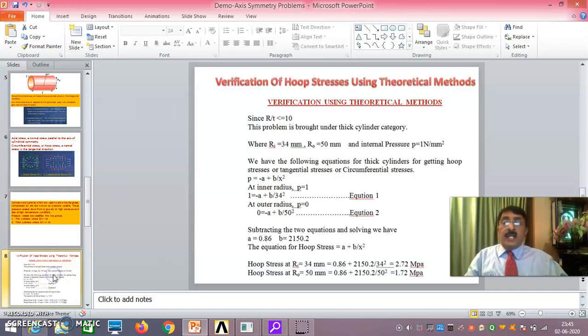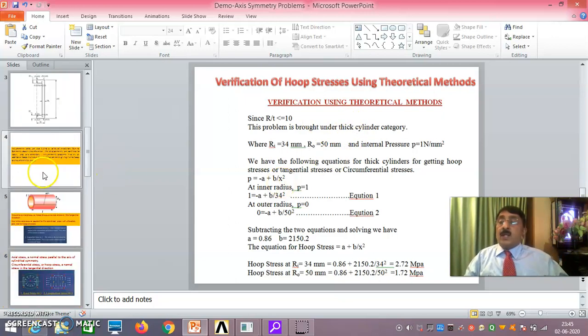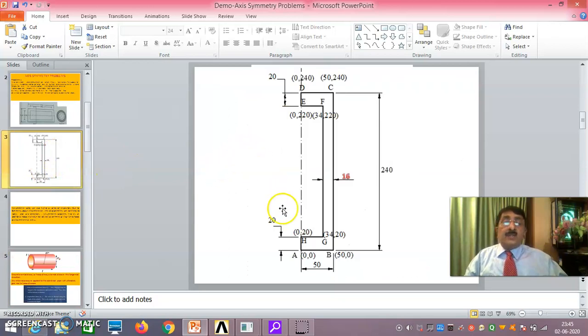Now in our case, R by T is less than or equal to 10. You see here, R is the internal radius, 34, and T is 16.